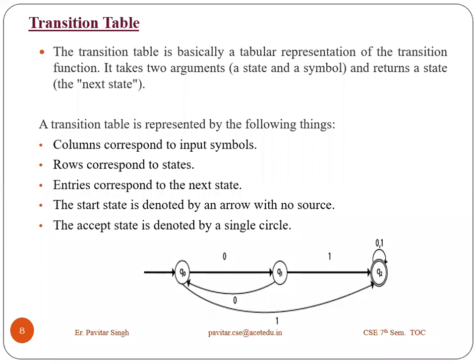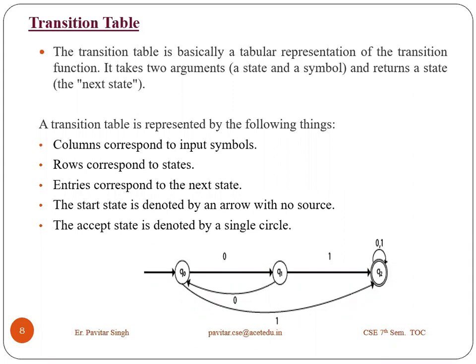First of all, the transition table is basically a tabular representation of a transition function. It takes two arguments, a state and a symbol, and returns a next state, right? So here a transition table is represented by the following things.